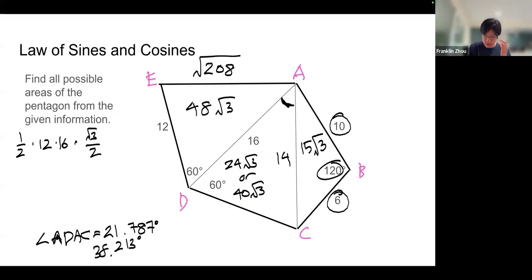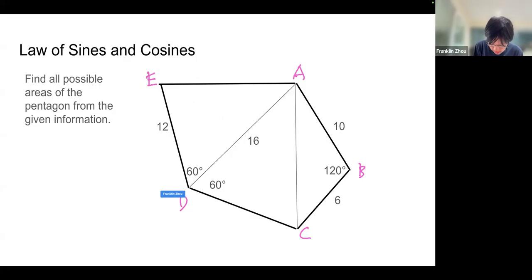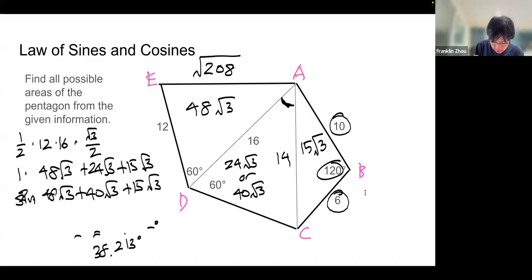So now if we add up the possibilities, the two possible areas would be 72 plus 15, which is 87 root 3, I believe, or 103 root 3. So possibility one is, and these final answers are 87 and 103 root 3.